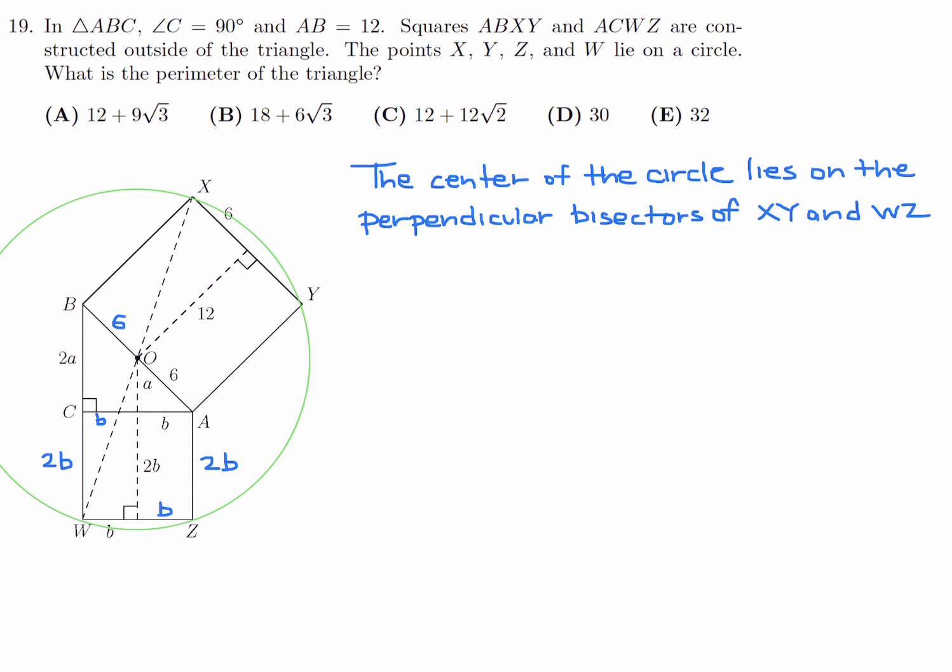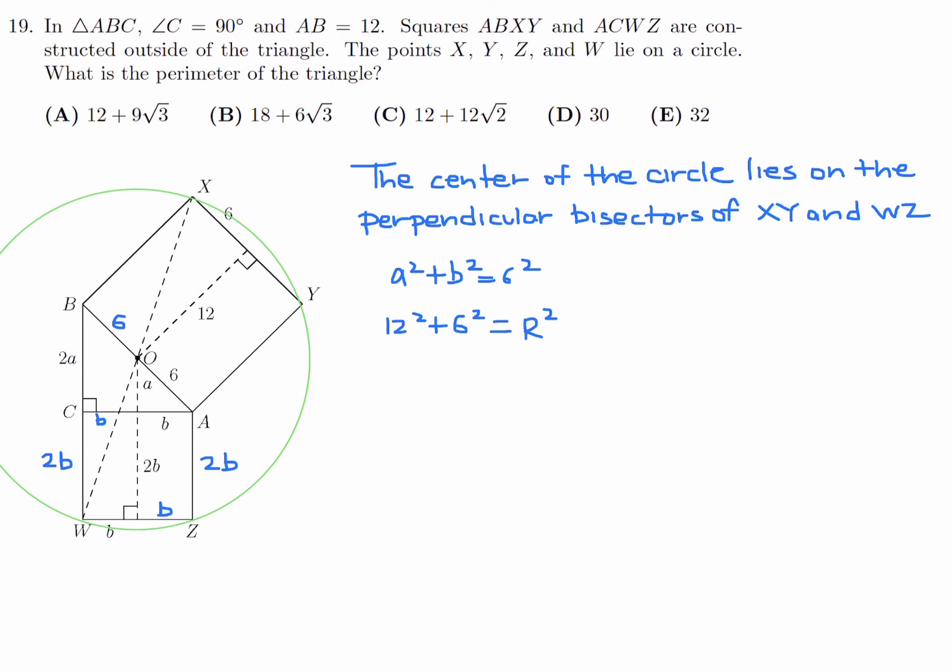So now we can use Pythagorean relationships. The first one is right here. That gives you A squared plus B squared is 6 squared. The next Pythagorean relationship involves this triangle right here. That is going to be 12 squared plus 6 squared is equal to OX, but OX represents the radius of the circle.